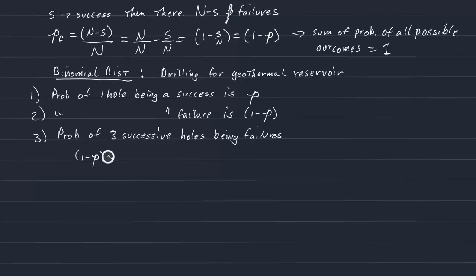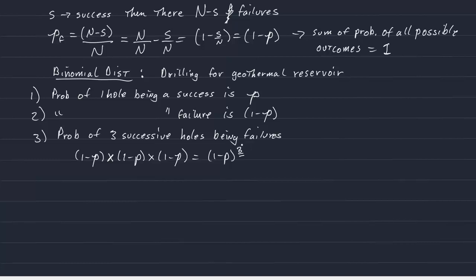The probability of the second hole being a failure is 1 minus p. And the probability of the third hole is 1 minus p. So we have to take the product of probabilities to get that. That gives 1 minus p to the third power.